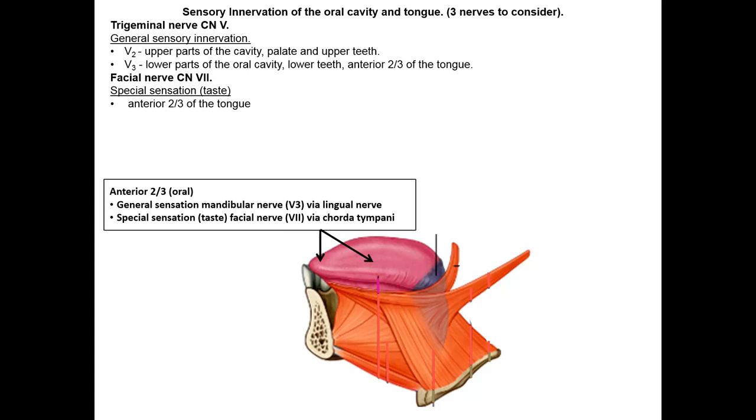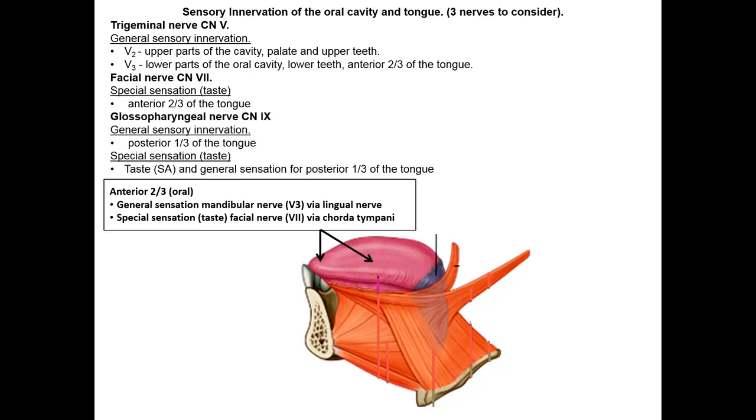Special sensation, which is taste, comes from the facial nerve via the chorda tympani, which you have found in the infratemporal fossa. But please note that the chorda tympani extends over to the lingual nerve and rides the lingual nerve as a hitchhiker to get to this part of the tongue.